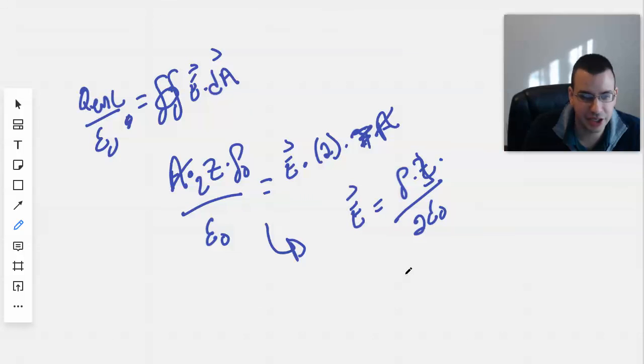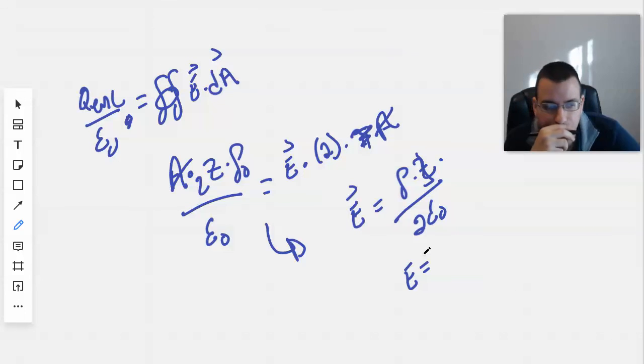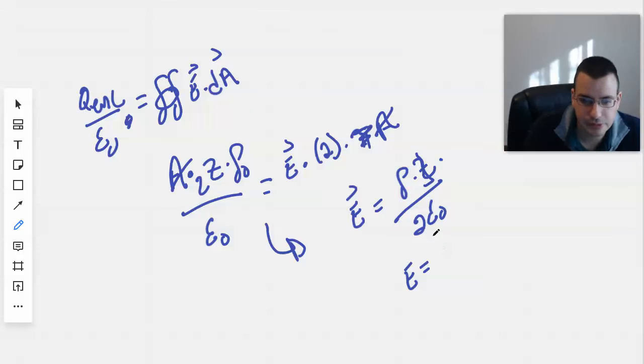which then gives us electric field equals, does that give us the right direction we want? Yep. So then the 2's will cancel. Then we get rho times Z. It's supposed to be 2Z.